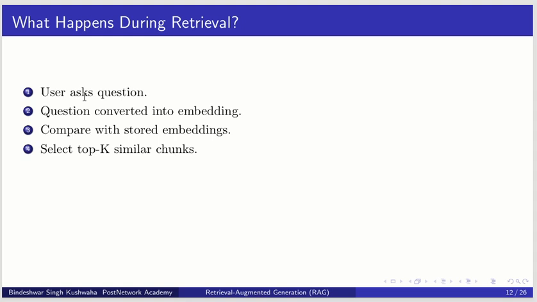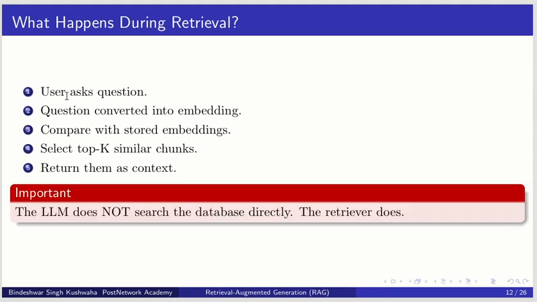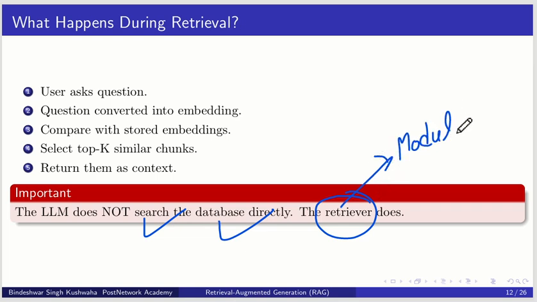Chunks I will discuss when I make programs. Thereafter return them as context. Very important here: the LLM does not search the database directly. The retriever module does. That module will search and augment your query with this retrieved information and the query of the user.